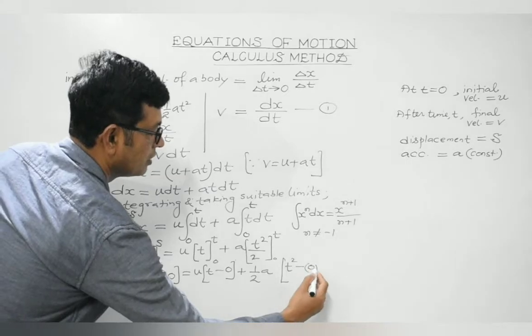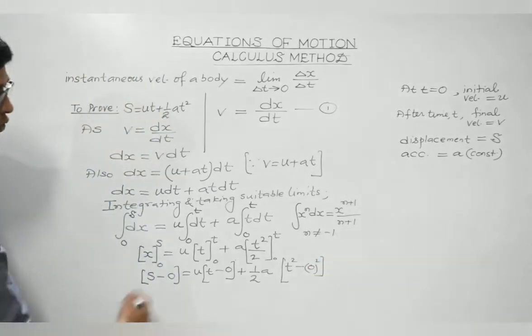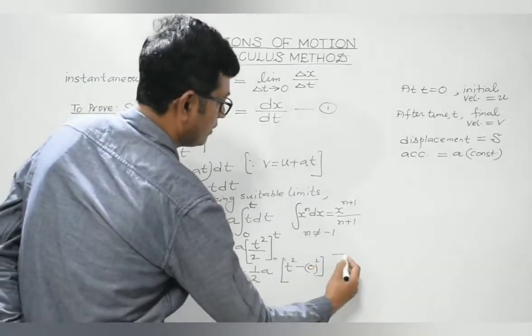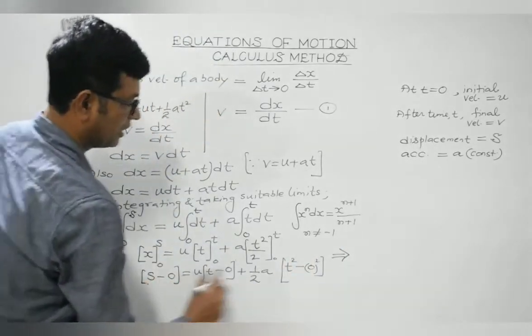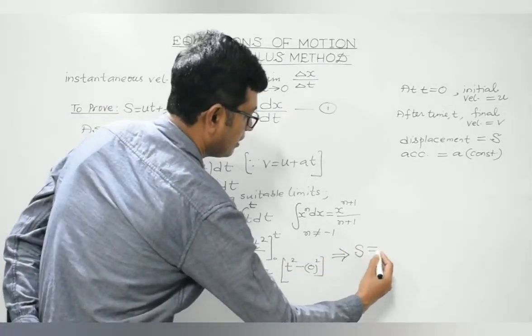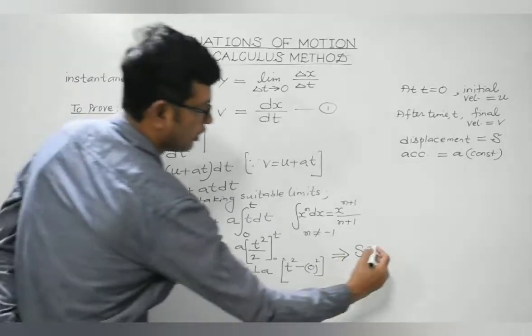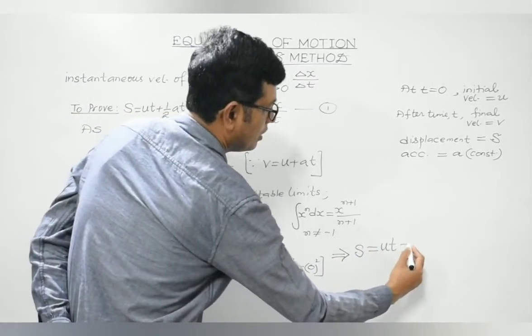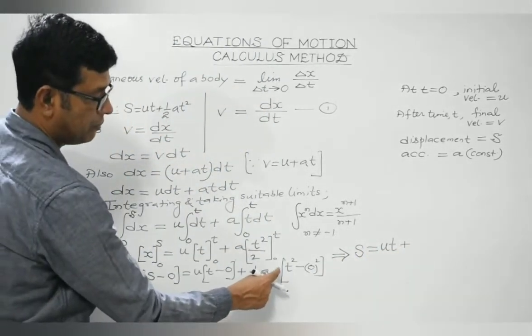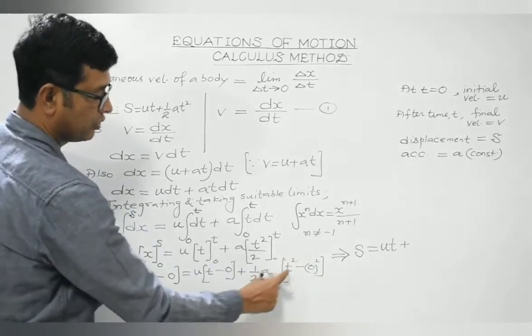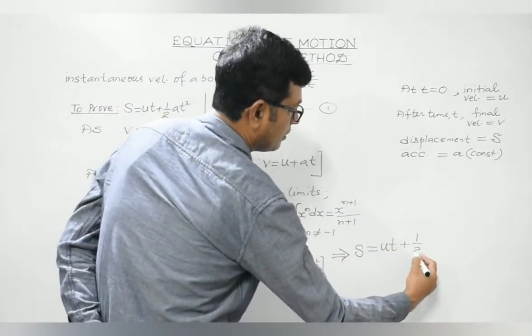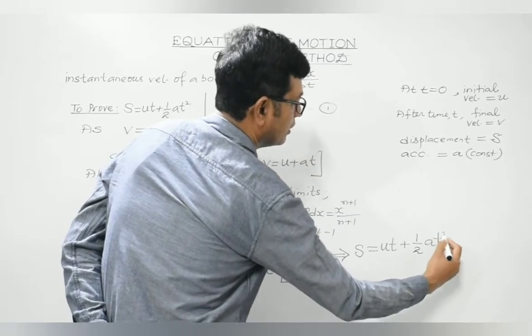So on solving, we get s minus 0 is s is equal to ut minus 0, we will get ut plus half a multiplied by t square minus 0 square. So we get half a t square.